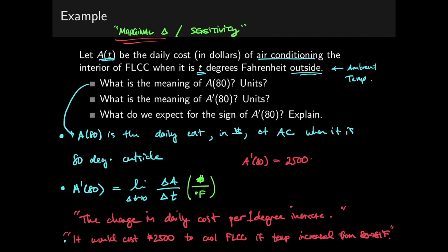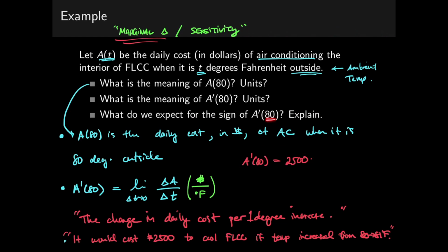Okay, so what are the units? As we said already, it's going to be dollars per degree Fahrenheit. And what would we expect for the sign? Is it going to be positive, negative, or 0? Well, I kind of gave us an example that might give it away.